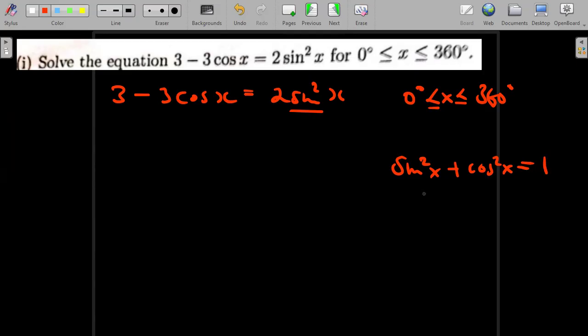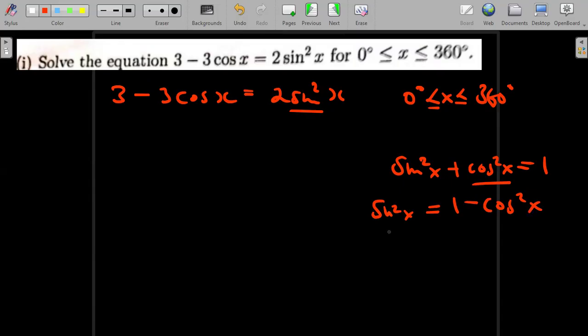Let me make sin squared x the subject, meaning the cos squared moves the other way around, then I have sin squared x equal to 1 minus cos squared x.